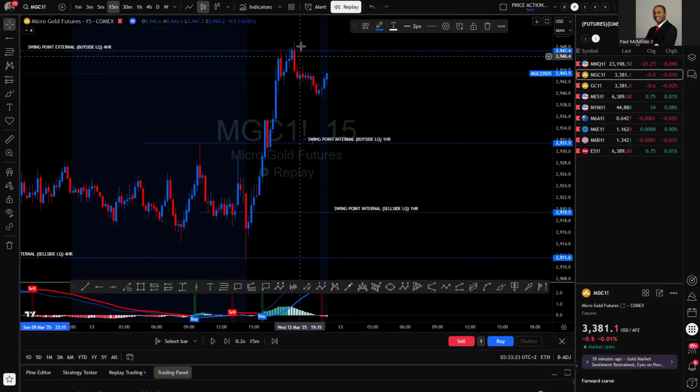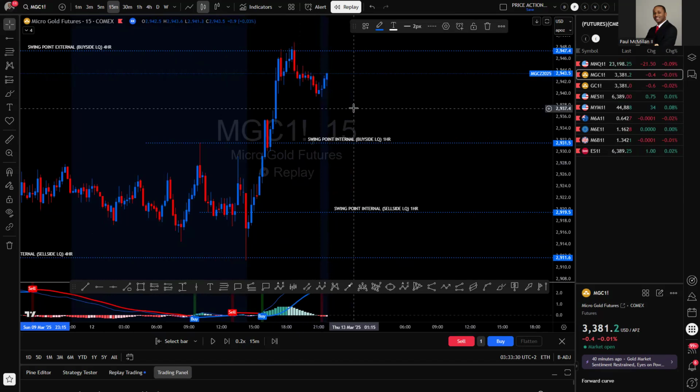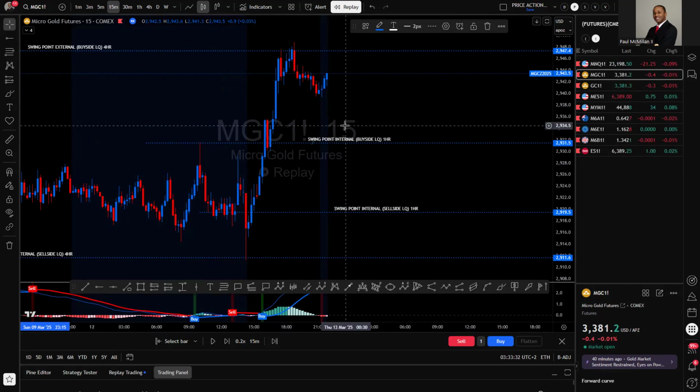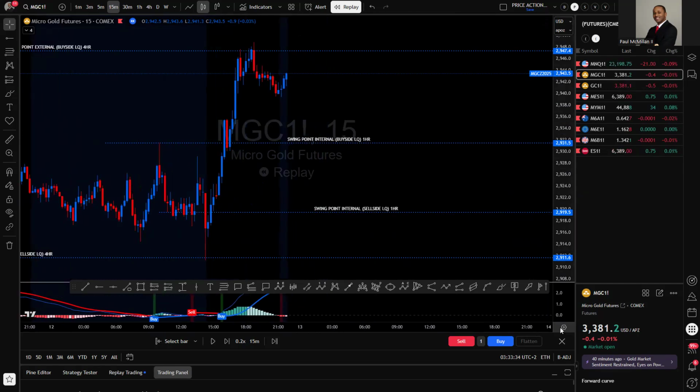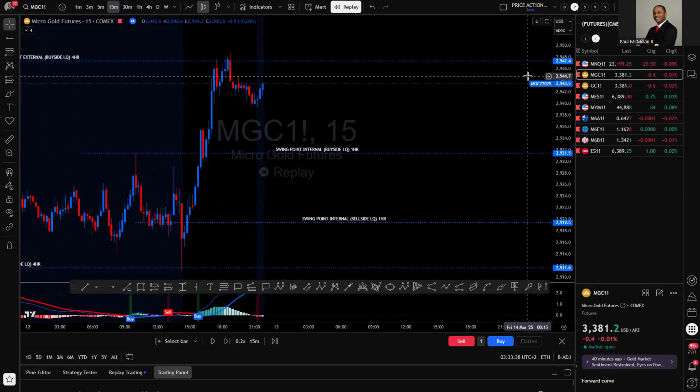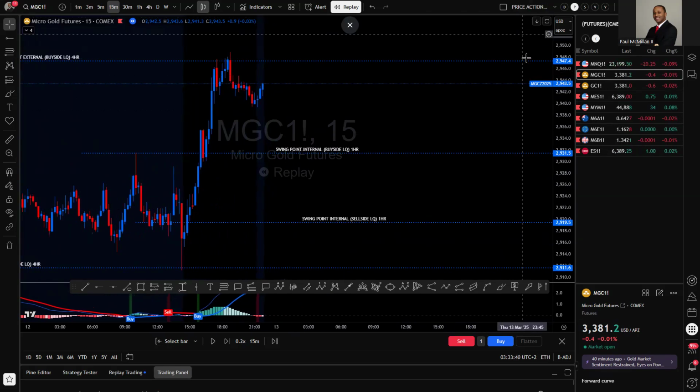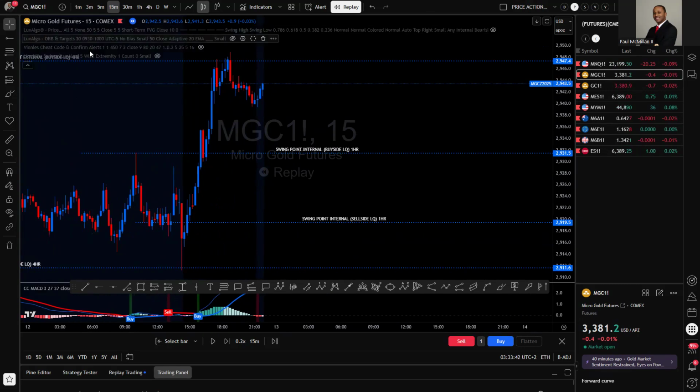So price has traded externally, and it looks like it's about to trade internally. But what we need to do is figure out where price is going to be. So let's turn on our indicator.